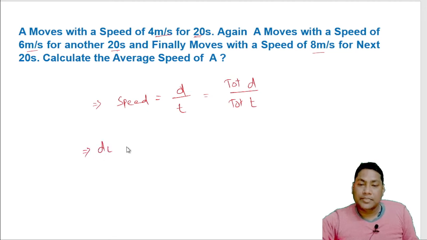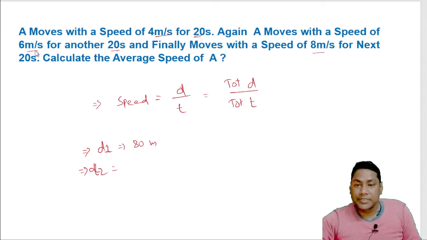For the total distance, here the speed is 4 meter per second for 20 seconds, so distance one is 4 multiplied by 20, means 80 meters. Distance two: it moves again at 6 meter per second for 20 seconds, so speed multiplied by time, 6 multiplied by 20, that is 120 meter.